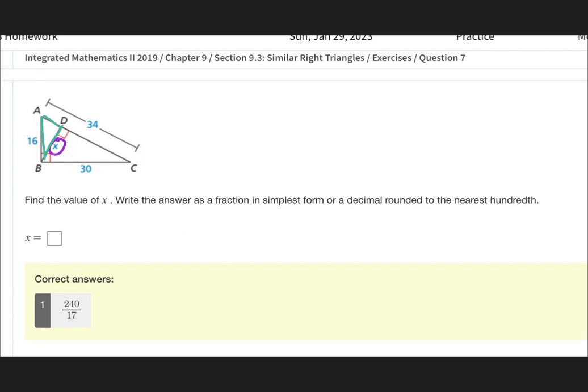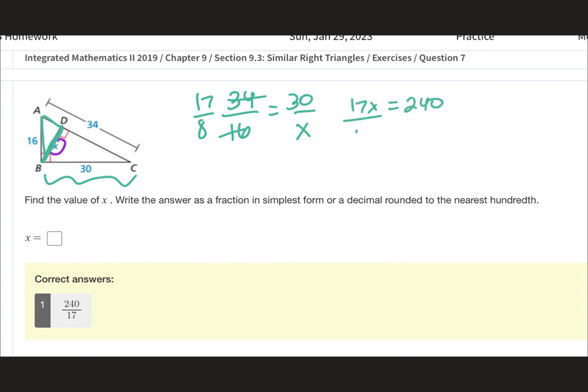So hypotenuse of big triangle is 34, hypotenuse of small triangle is 16. And then I'm trying to find the middle length side for the small triangle. So the x goes in the bottom. The middle length side of the large triangle would be 30. You can actually reduce this. This would be 17 over 8, at least working with smaller numbers here. And then 17x would equal 240. And divide by 17, and x would be that 240 over 17.